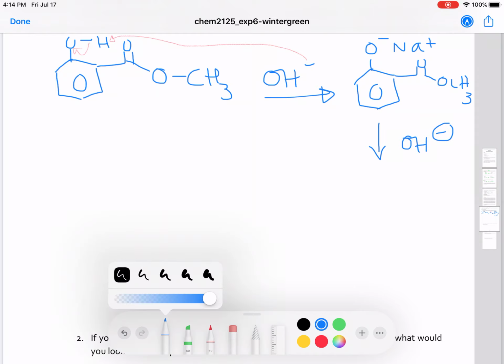This is going to attack the carbonyl carbon.